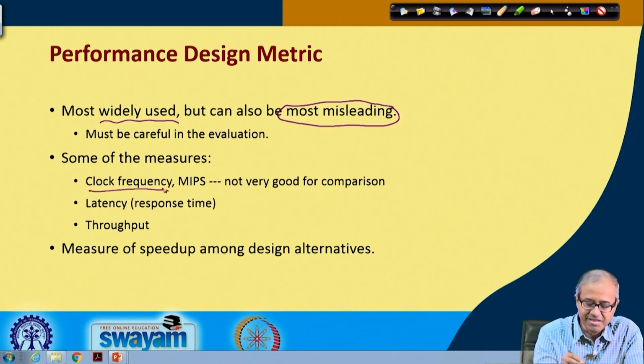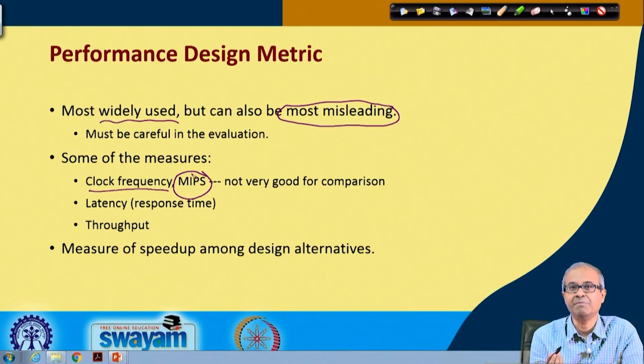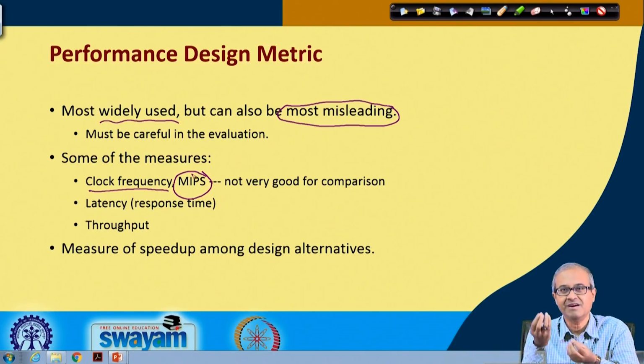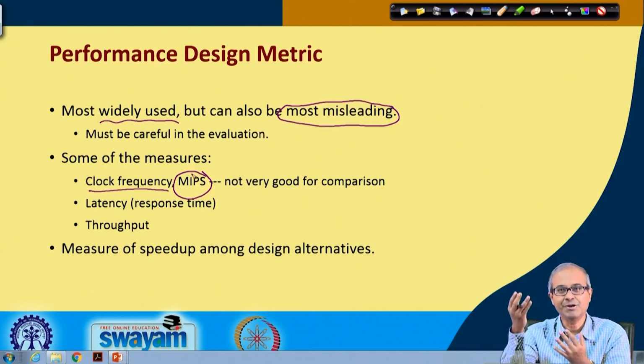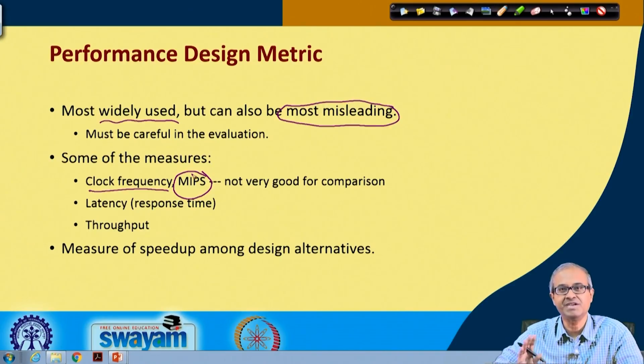There are some measures like million instructions per second, MIPS. This also does not mean anything. What kind of instructions? Are they simple instructions or complex instructions? Your MIPS figure will vary drastically among them. So, it does not give any fair measure.